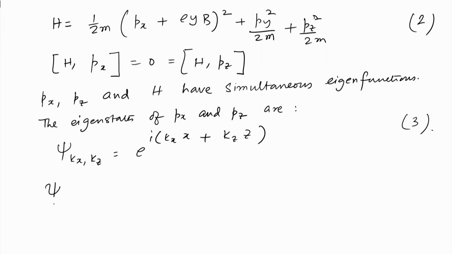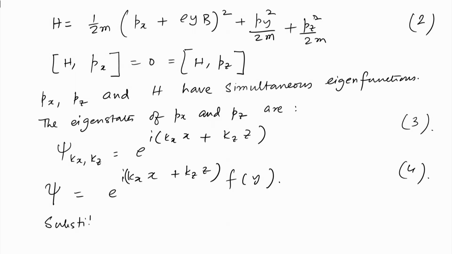So, the total wave function is equal to an exponential of i k x x plus i k z z, and f of y. If you substitute this equation 4 in 2, one gets p y square over 2 m plus a k by 2.